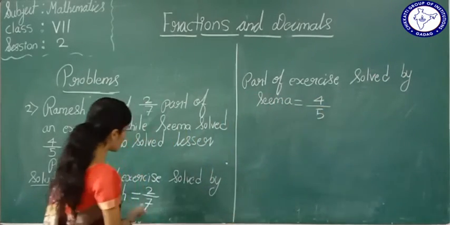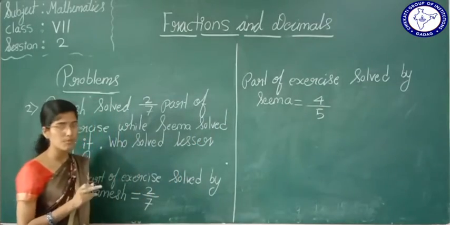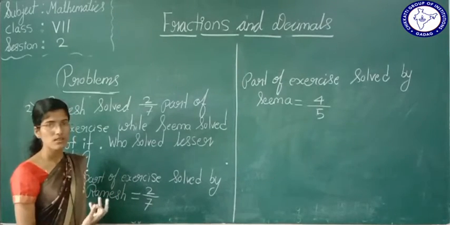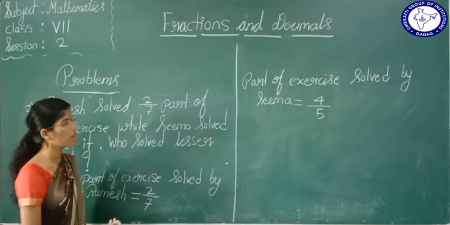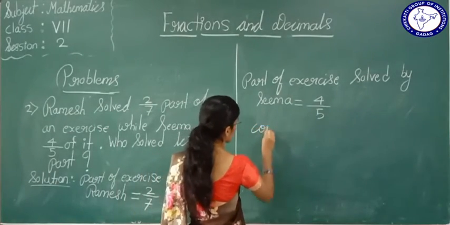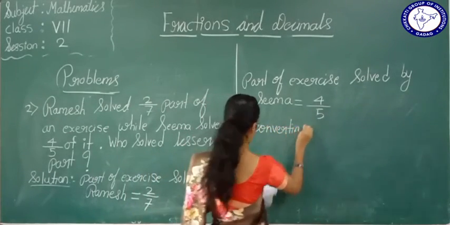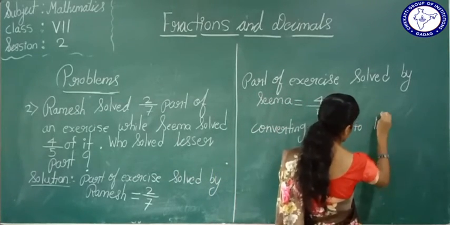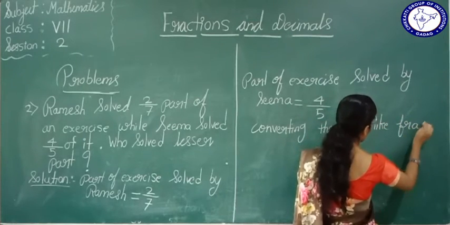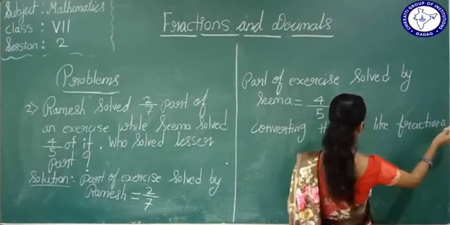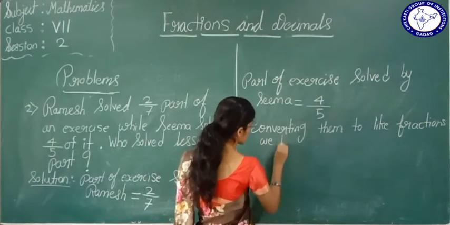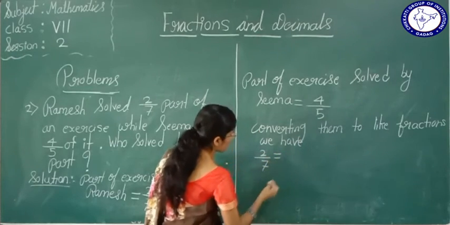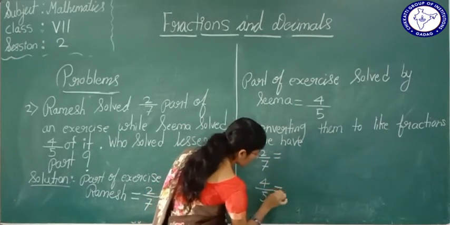Now see, we have to compare this. For comparing, if it is in like terms, we can compare very easily. So converting them to like fractions, we have. Okay, so 2 by 7 and 4 by 5 we will convert into like fractions.